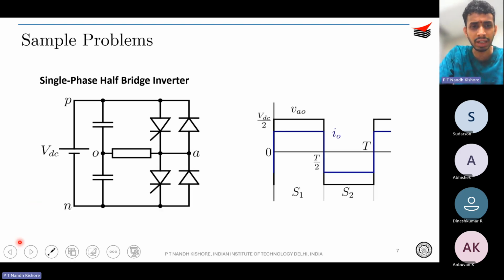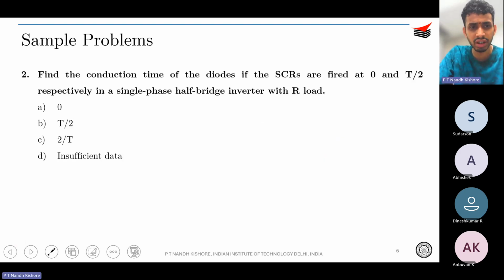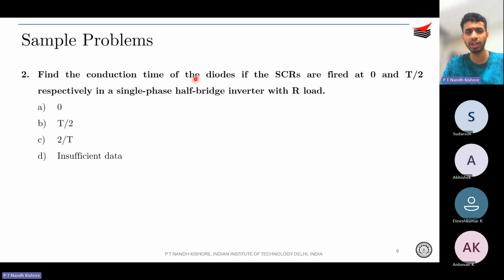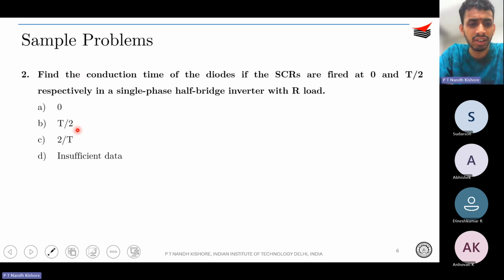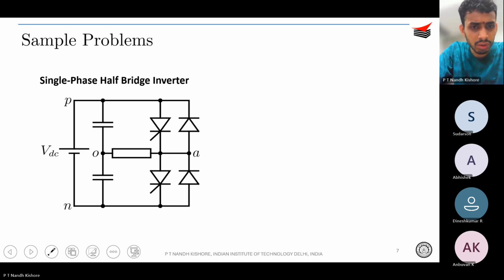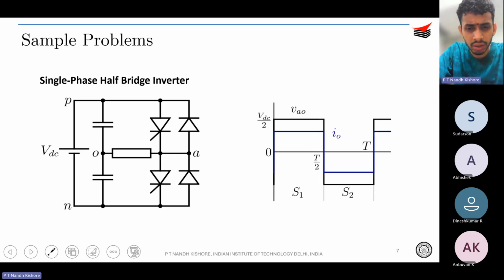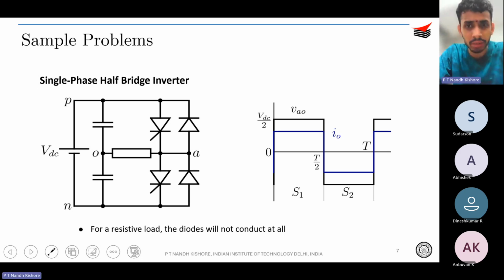Therefore, the conduction time of the diode is 0. So our answer is A. Okay, we'll move on to the next one. For resistive load, the diodes will not conduct at all.